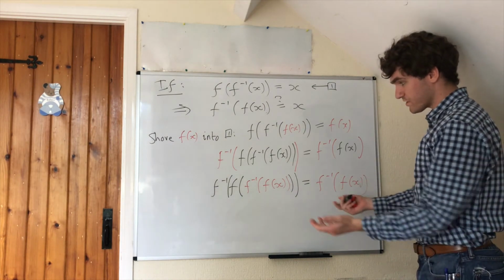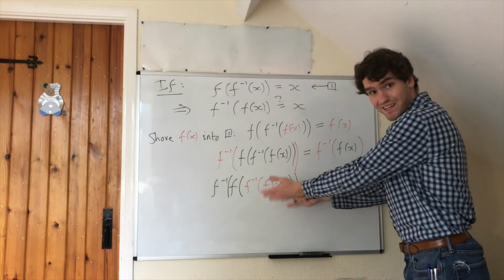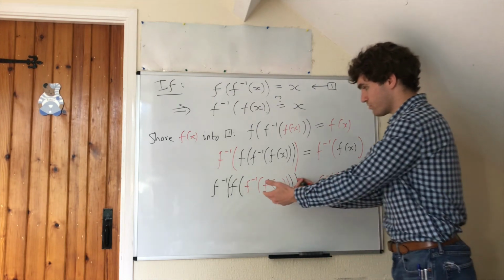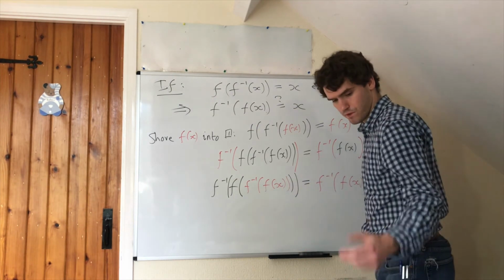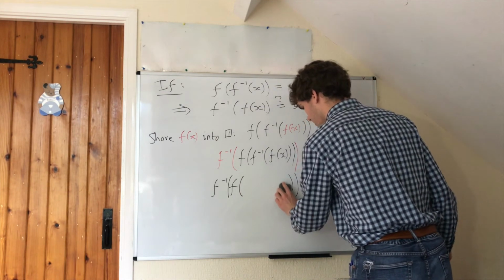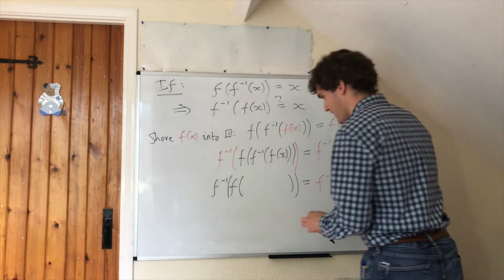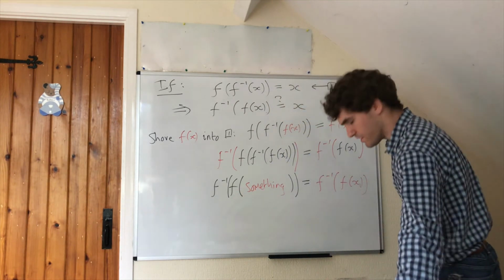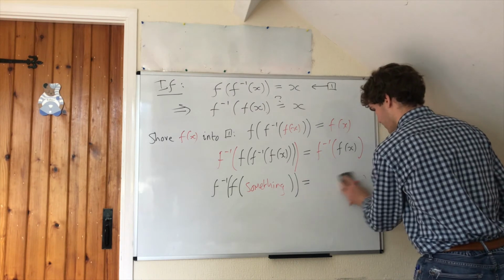Now, we don't necessarily know what this red thing is, but, given that this is true for everything that you put in here, I could write, therefore, inverse f of something is equal to something.